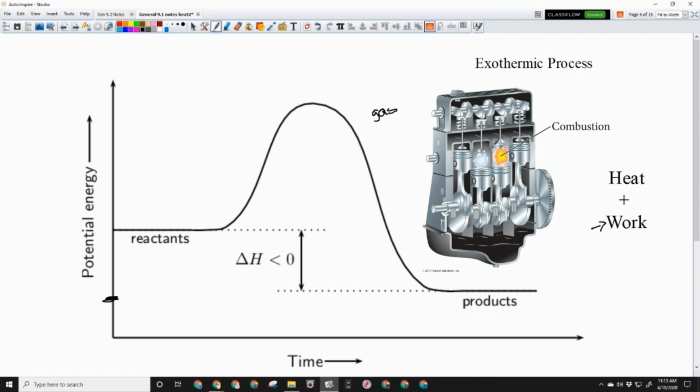There's channels here that are all around your engine where water flows through these channels. This water absorbs the heat energy from friction and combustion, because these are moving parts, that's friction. And then it's transferred back to a device in your car called the radiator, which has a bunch of small tubes. And what's behind the radiator?